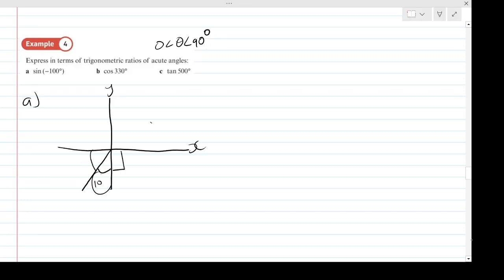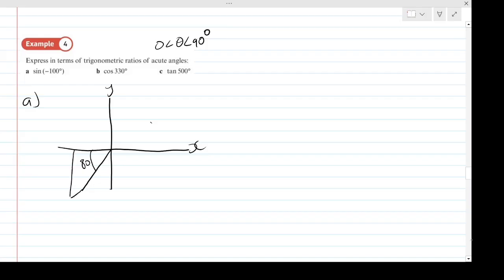So if we get 10 from here, this angle is going to be 80, to get me 90 overall from this quadrant. So if I then get rid of this 10, I've got this triangle here, right? And so now we split up this weird angle of minus 100 into just 80, which is acute. So now we can express it in terms of 80.